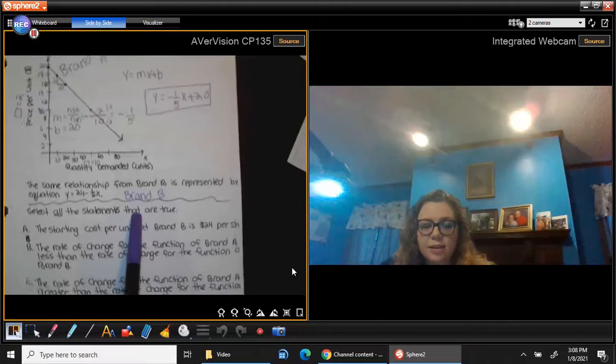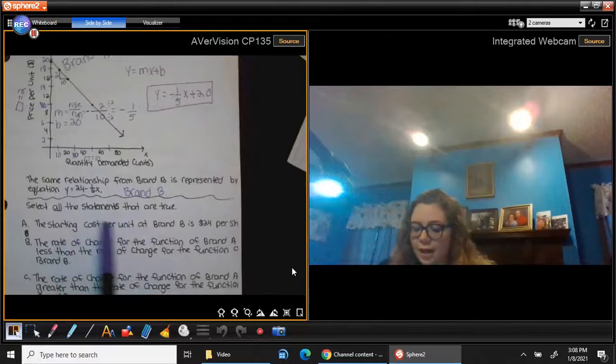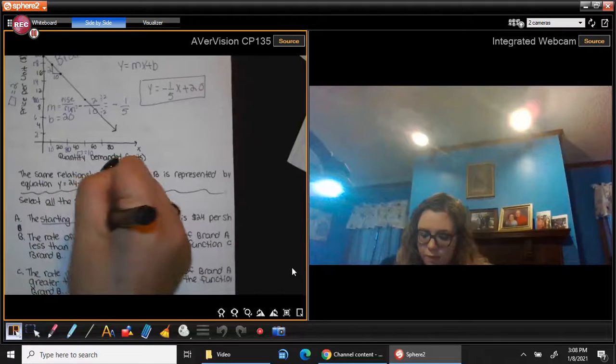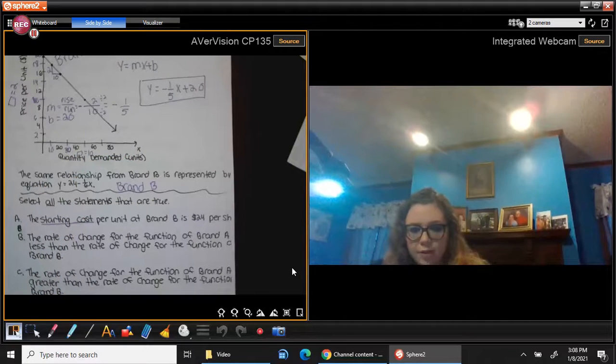So now it says, select all the statements that are true. The starting cost per unit at brand B is $24 per short. It says the starting cost. That starting value, what is another name for that?